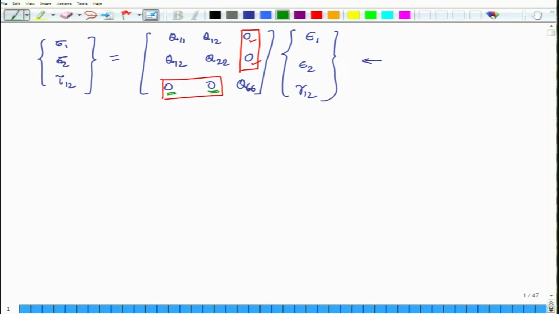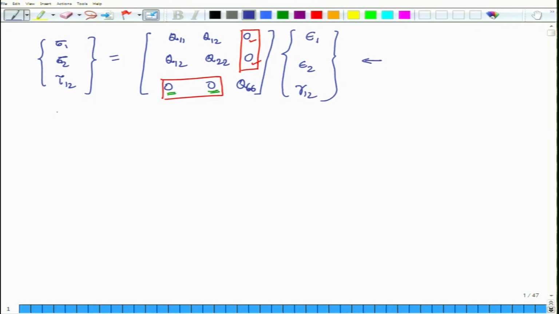We had also shown the relationship between Q11, Q12, Q22 and Q66 and the elements of the C matrix, which was defined earlier in the following way.